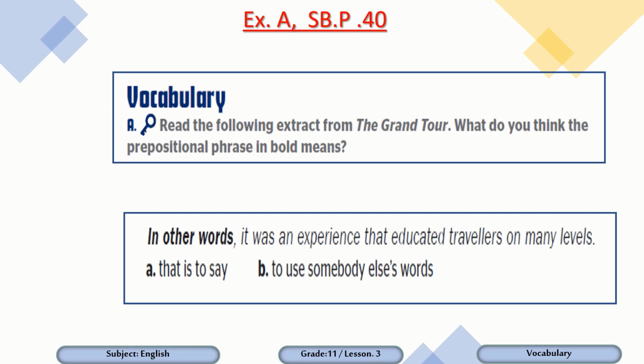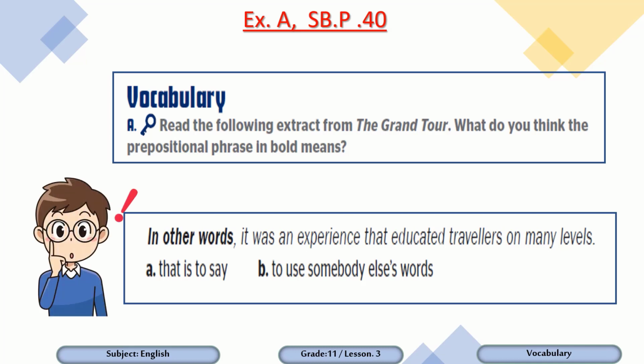So, what is the meaning of the prepositional phrase, in other words? Have you got the answer? Okay, the answer is, in other words, in the sentence means, that is to say.